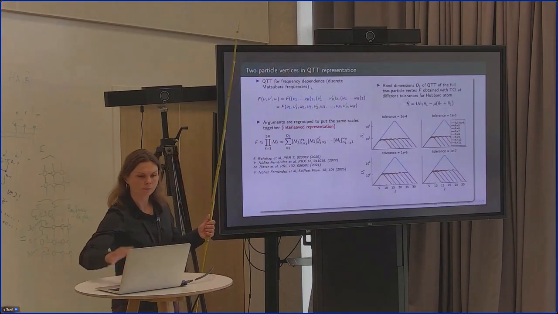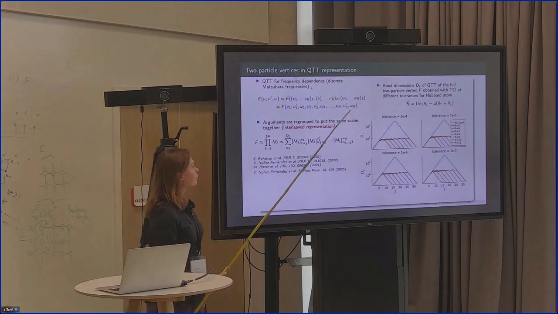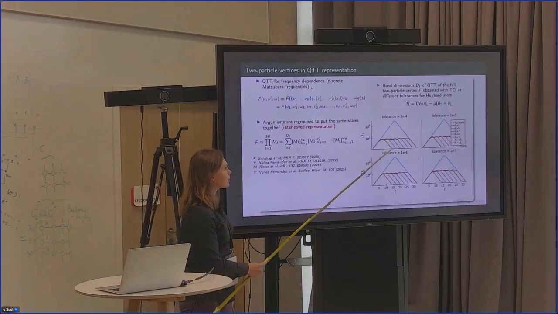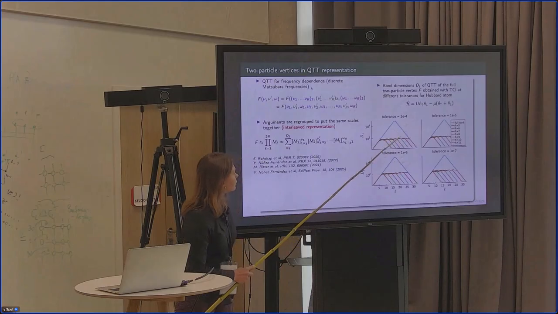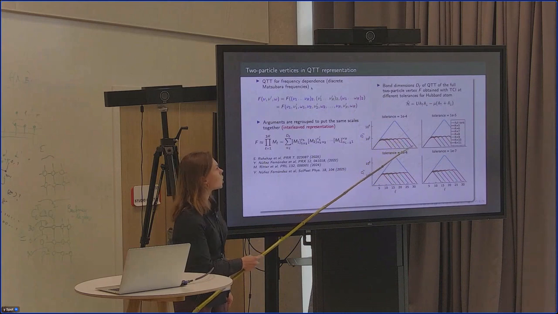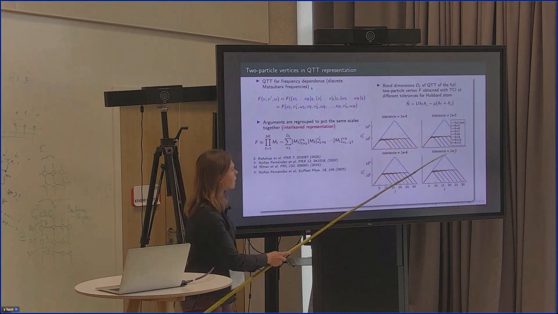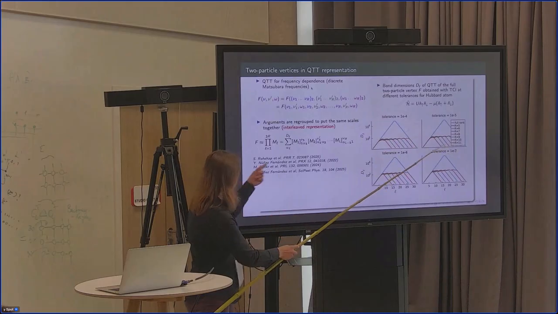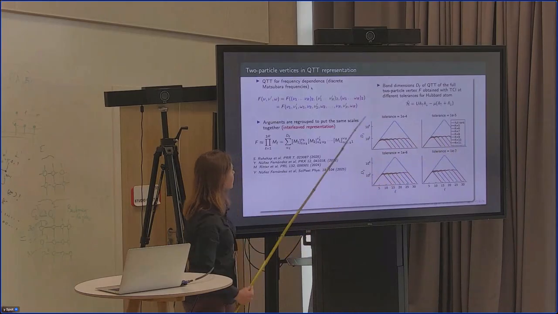So first of all, are these vertices compressible? Well, it turns out actually yes. For a given tolerance in TCI, we can compress them with relatively low bond dimension. It does not depend on R much, R being the length of the train, so how many Matsubara frequencies I take.